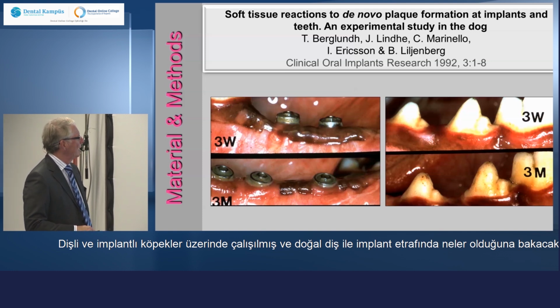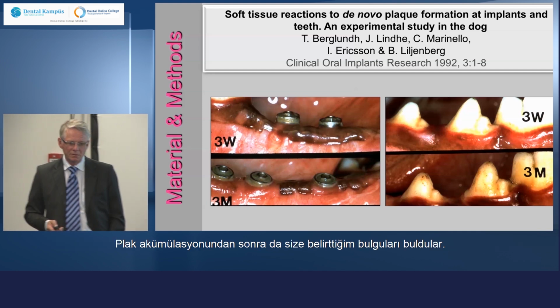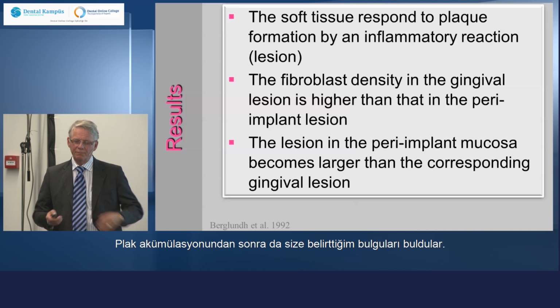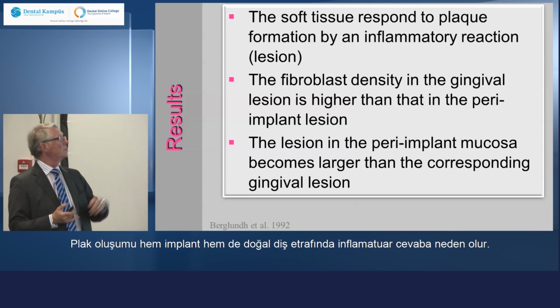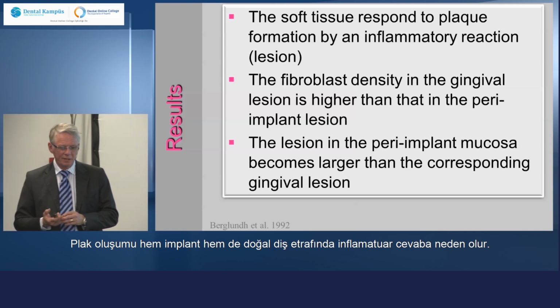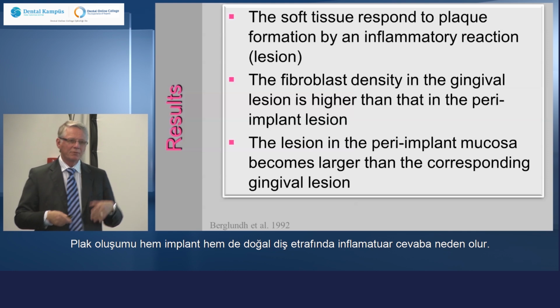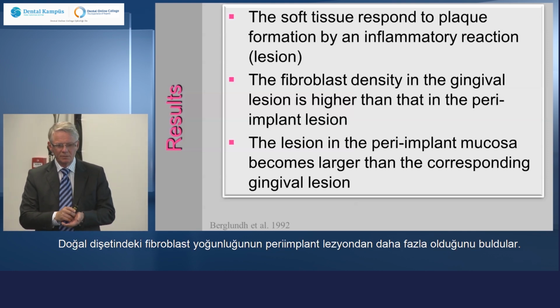They have dogs with teeth and implants, and they compare what happens around teeth and around implants. After plaque accumulation, they find exactly what I told you, that the soft tissue response to the plaque formation is an inflammatory reaction, both around teeth and around implants.